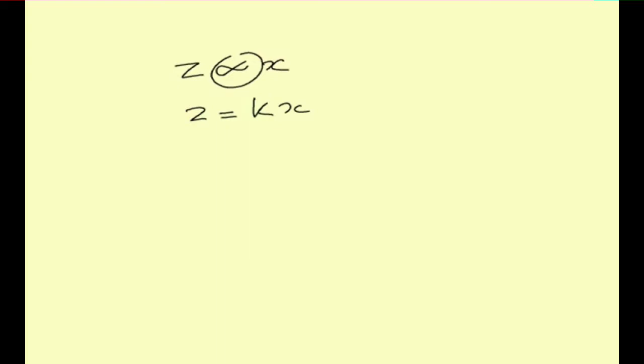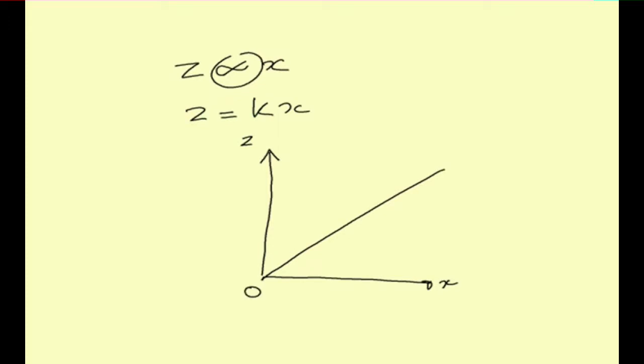So if we were to graph that relationship, z is directly proportional to x, then it would be a straight line graph that goes through the origin. So just to recap, if two quantities are directly proportional to one another, let's say z and x, then we write z alpha x.